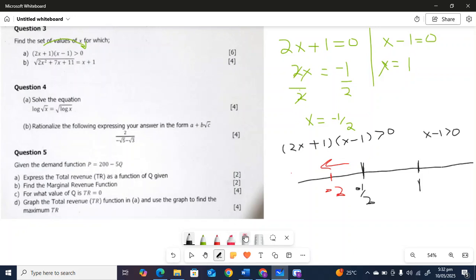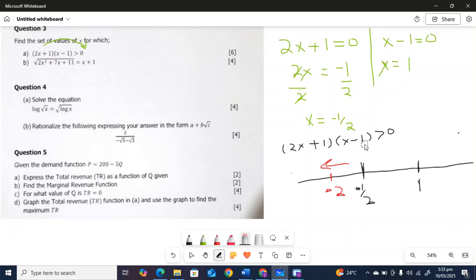Yeah. So on this number line, we're going to check for values to see whichever range of values hold the inequality true. As I said, we start on the left side of negative half here. You can pick any number that is less than negative half and put it back into the original equation and see if it holds the inequality true.